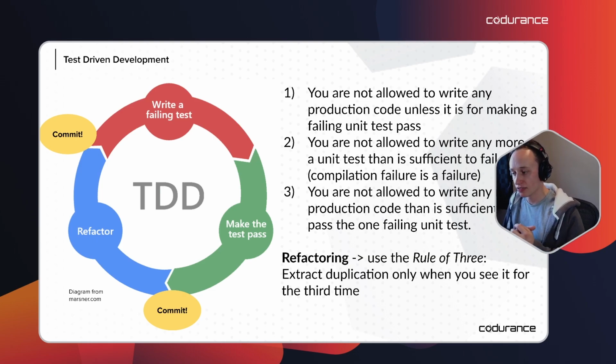And lastly, for refactoring, we have the rule of three, which says that you should extract duplication only when you see it for the third time. So if you see something coming up twice, if you see a similar bit of logic in two places, don't go overboard right away and start extracting it out and saying, "Oh well, I'll do a refactor step here and I'll deduplicate that."